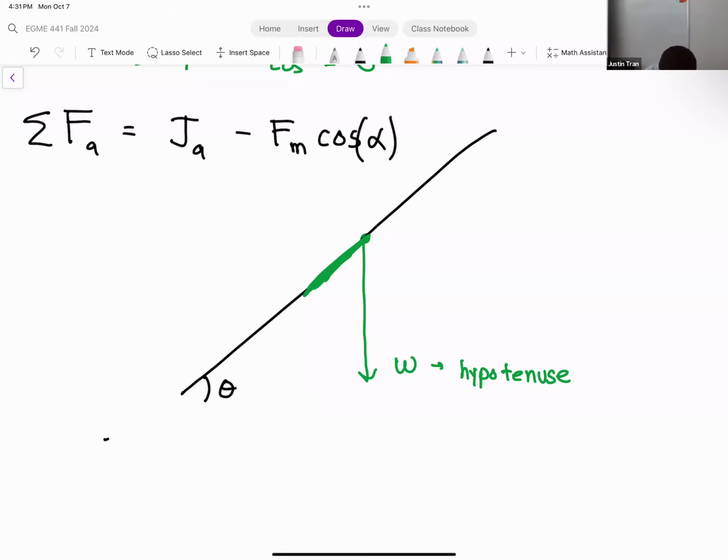And then the other component is going to be perpendicular to it. So take that line that you just drew and draw a line that's perpendicular to it. I think I need to extend it a little bit here. When you draw this perpendicular line, it should meet up with your hypotenuse, because you want to form a right triangle from this.